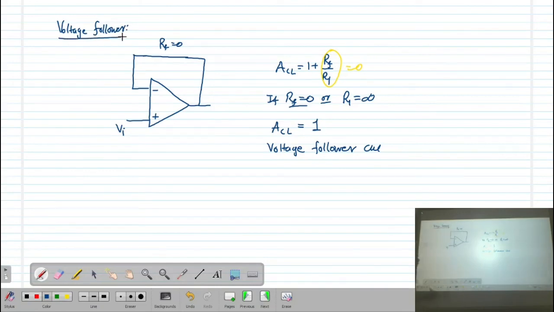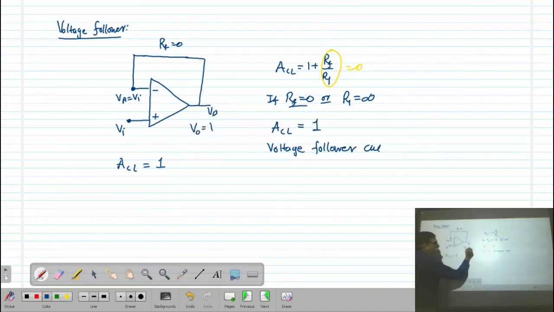So for this voltage follower, ACL is equal to 1. And why is it 1? If you apply the concept of a virtual ground, then if you have the potential Vi, at this point my potential Va will also be equal to Vi, and this point A is connected to the output.